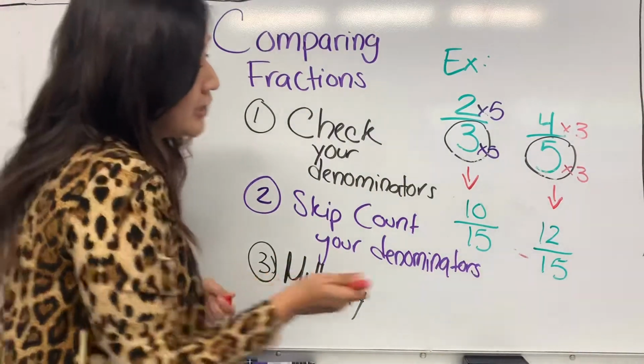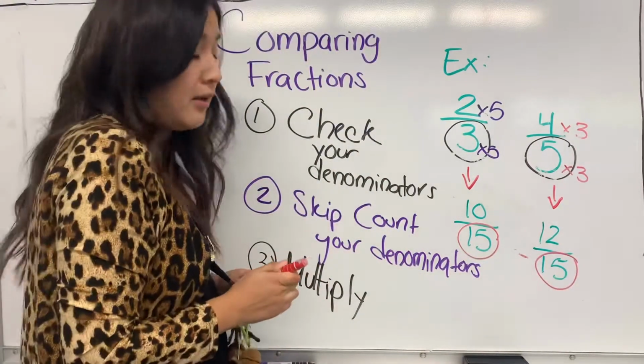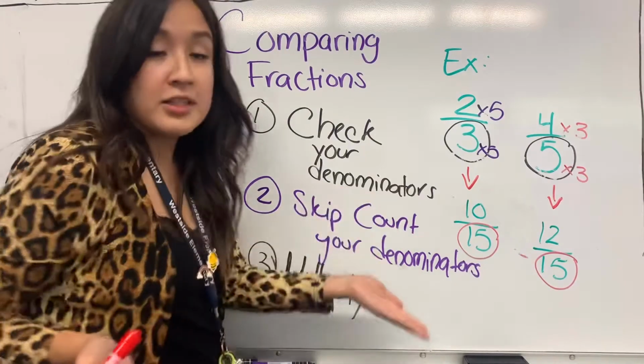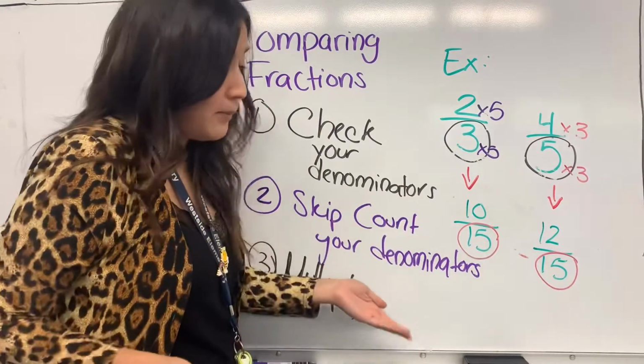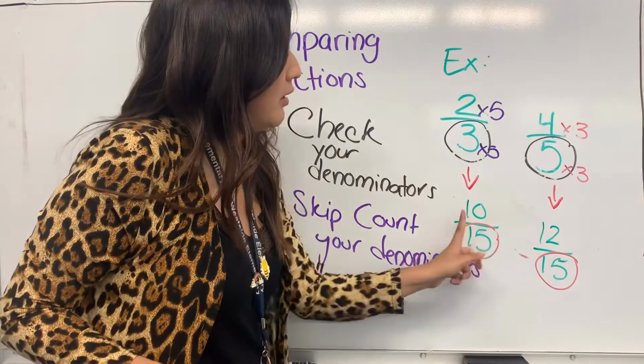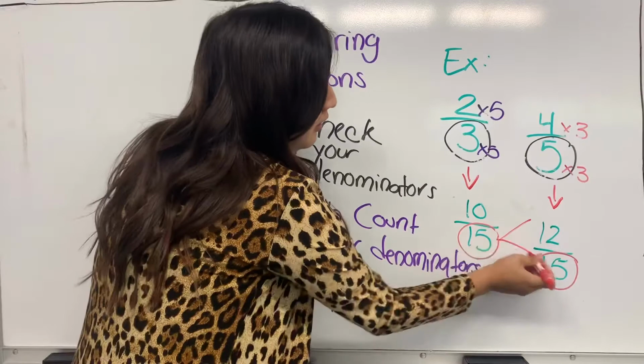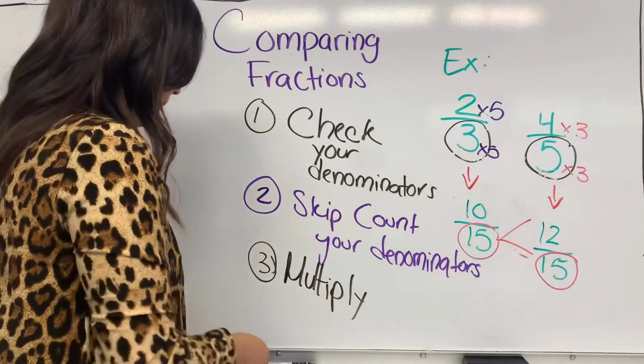Now, if you look at the denominator, are they both the same now? Yeah. So now that the denominators are both the same, I just look at their numerators. Now I can see which one is bigger, the 10 or the 12, and it'd be the 12, okay?